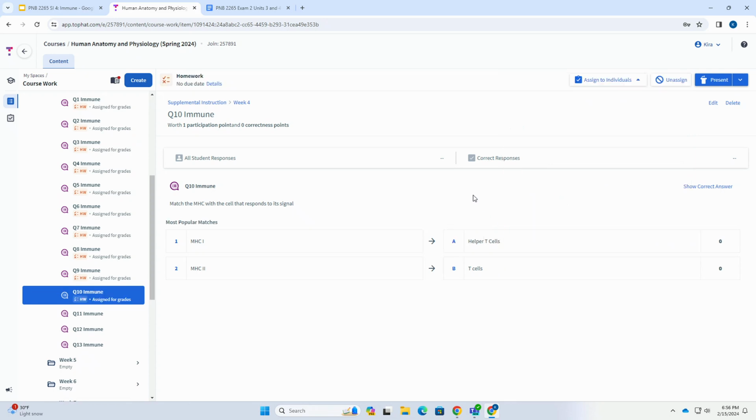Match the MHC with the cell that responds to its signal. Yeah, you guys got it.